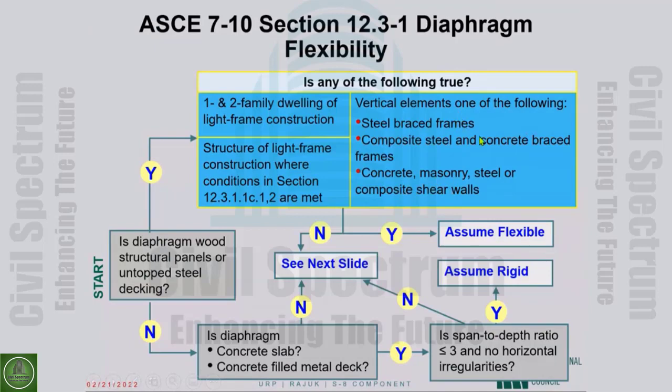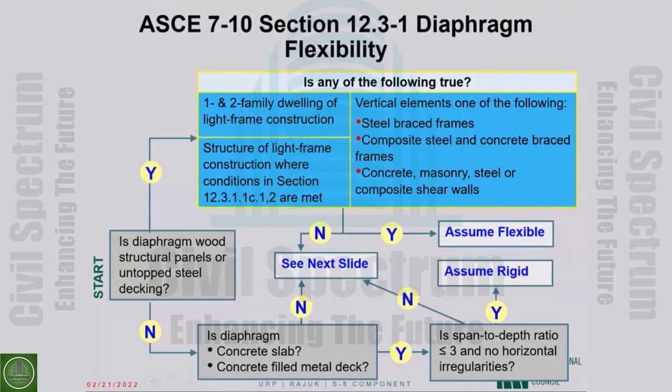Those are all very stiff seismic force resisting systems. If the diaphragm itself is wood panel or untopped metal deck and it is supported by very rigid seismic force resisting systems, then also you can assume your diaphragm to be flexible. If none of those conditions is satisfied, then we will go to the calculation approach. The prescriptive approach doesn't give us an answer.